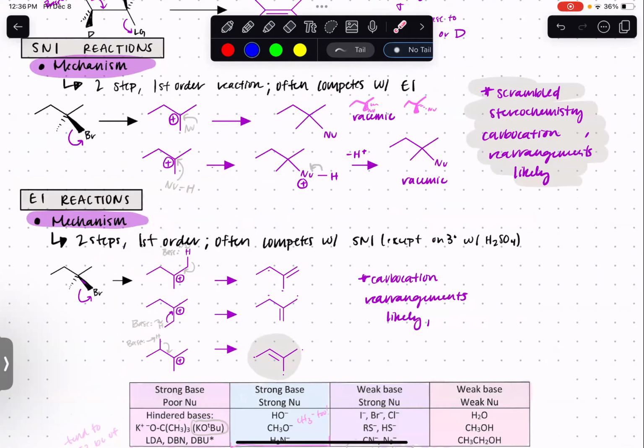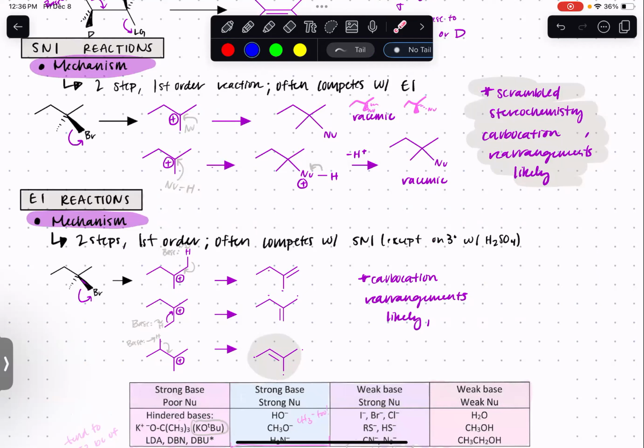Yeah, no, you're fine. So if we're looking at our final product and we have only one chiral center, then we can just say racemic. But if we have two or more chiral centers, then we have to say plus enantiomer. We can no longer say racemic because racemic says that I'm getting both R and S at all my chiral centers.